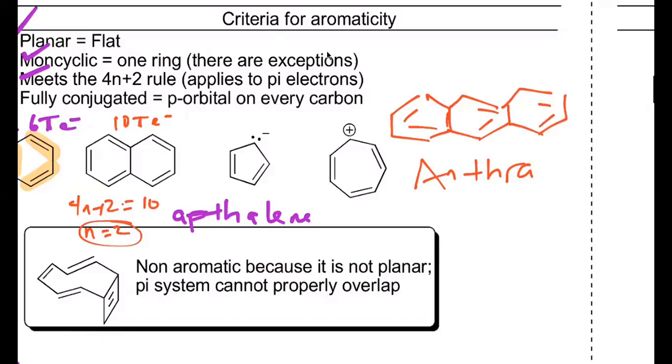It's early. So anthracene is also aromatic, even though it violates the rule of being monocyclic. It has a p orbital on every carbon. It's fully conjugated. It meets the 4n plus 2 rule, but it's not monocyclic. So there are some exceptions to these rules, but these are what we call the classical rules.